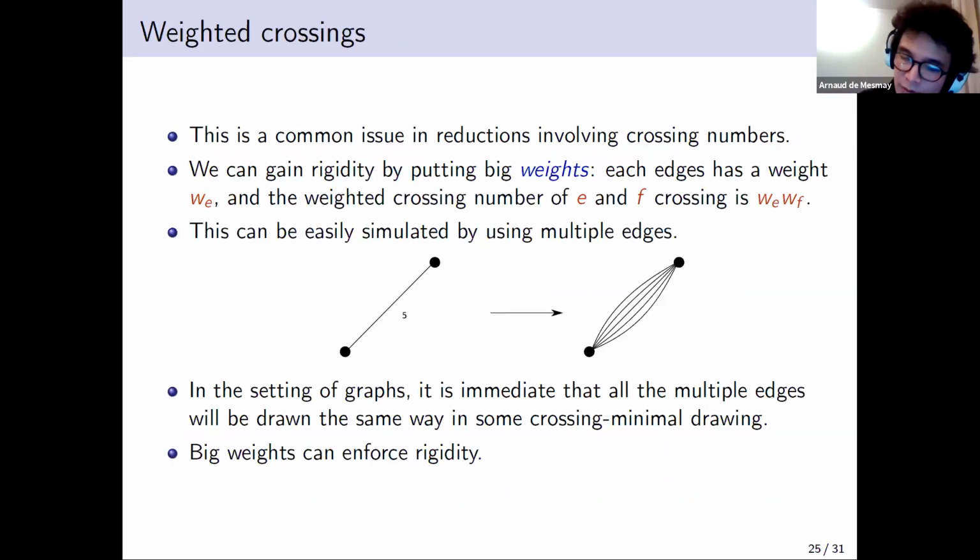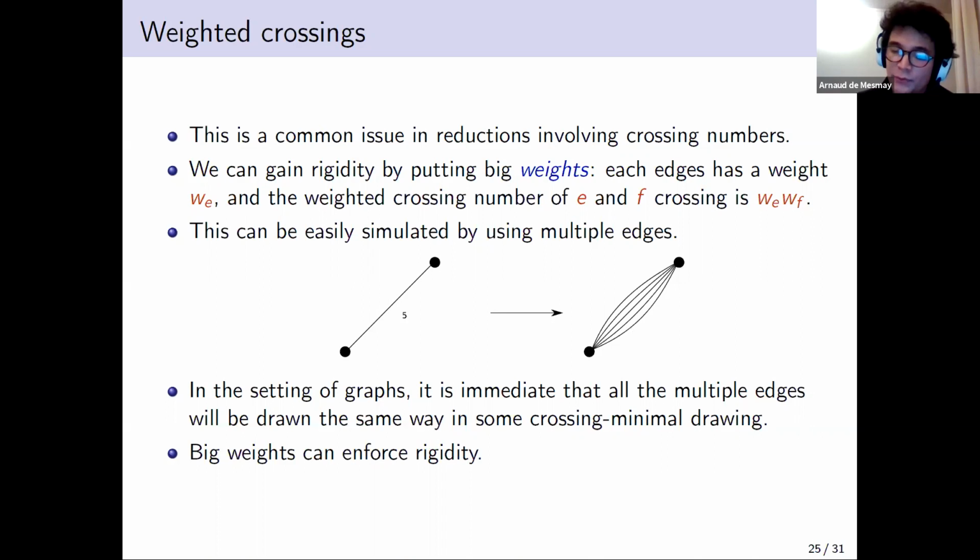The typical way people deal with this problem in graph crossing numbers is that they use weighted crossings, which is just saying, well, whenever I have one edge, I can replace it, let's say, with 5 edges like that, and say that's an edge with weight 5.